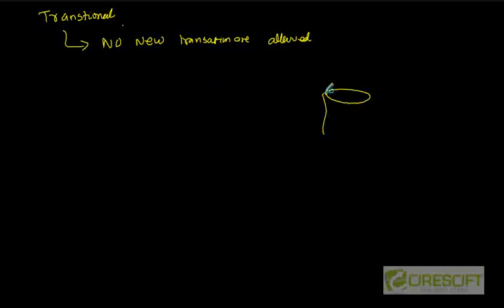I can do shutdown transactional. If I do shutdown transactional, the first thing is that no new transactions are allowed. Let's say to the database we have two users, user 1 and user 2.